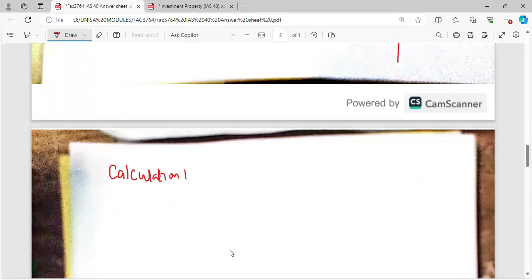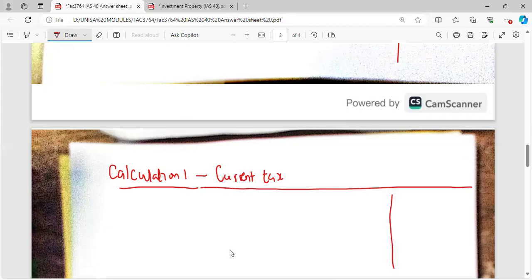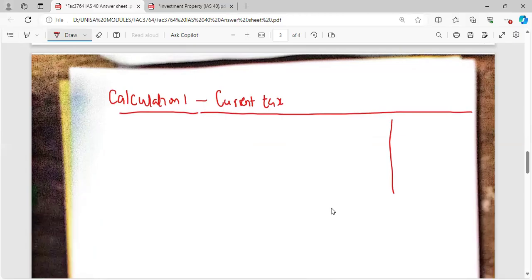Current tax. Where do we start with the calculation for the current tax? Anyone with an idea of the calculation for current tax? We are starting with the accounting profits. Yes, we start with the accounting profit.